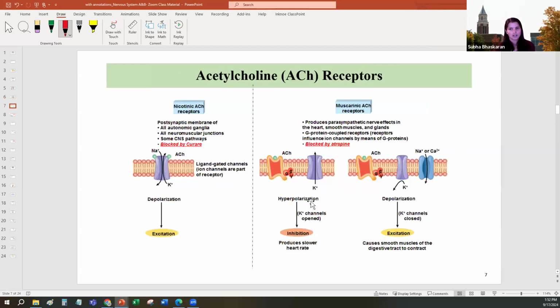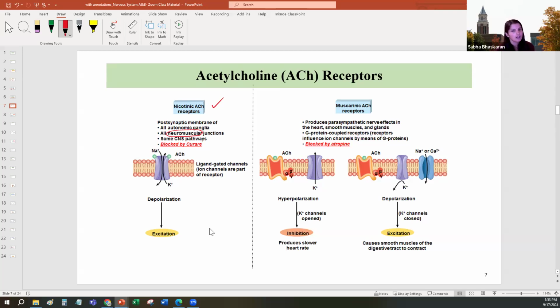Okay. Now look at this, ACh receptors. Tell me something that you already know. Do we know the nicotinic ACh receptor? Yes. Do we know that they are found in neuromuscular junctions? Yes. Okay. We haven't talked about ganglia and stuff like that, so just focus on the ones that we know for now, but we can always integrate.